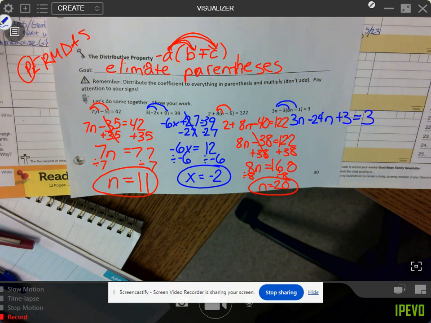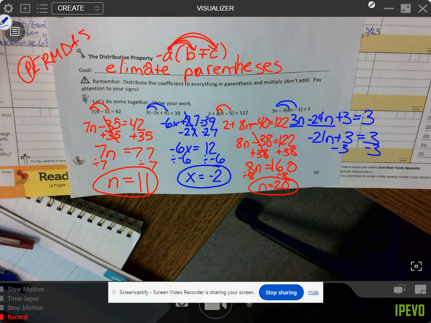And then you combine 3n plus negative 24, which would be 3n minus 24. And you get -21n plus 3 equals 3. And then you do minus 3, just cancel out that 3, and then you do it to the other 3.